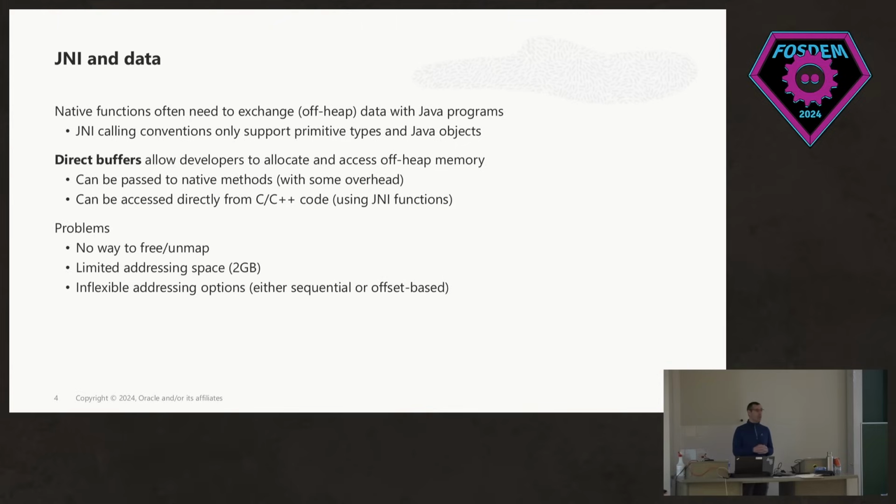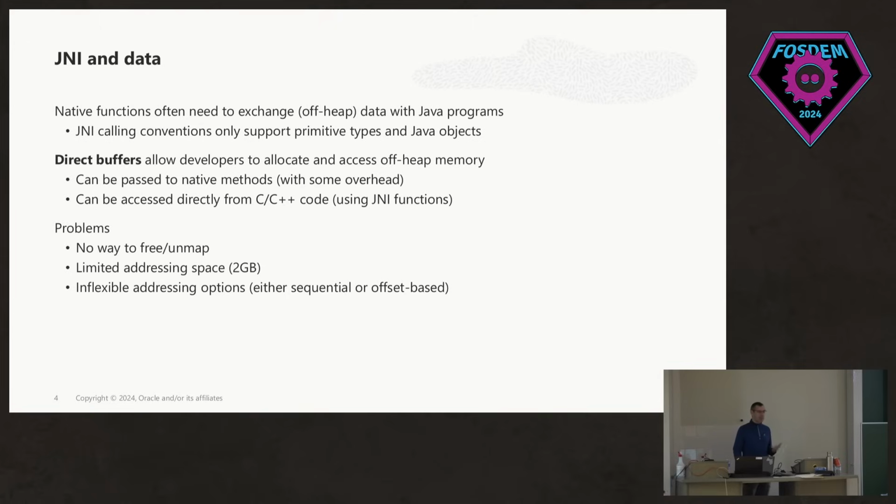The byte buffer API was born in Java 1.4 time, so quite a few years ago, and we only use ints as offsets there, which means the maximum addressable space is 2 gigabytes. With the advent of persistent memory, these limits are starting to be a little bit tighter.